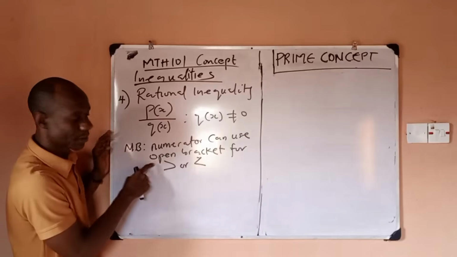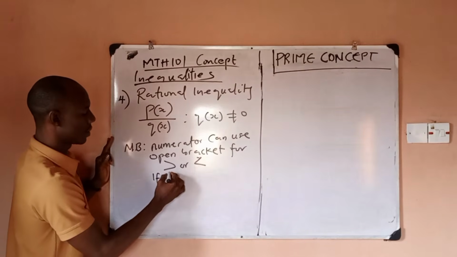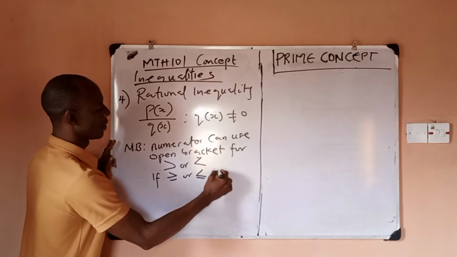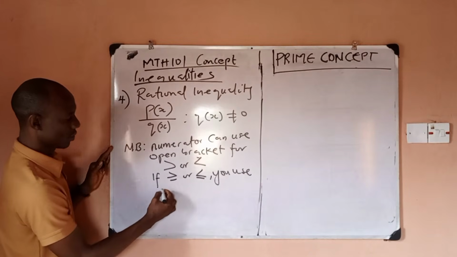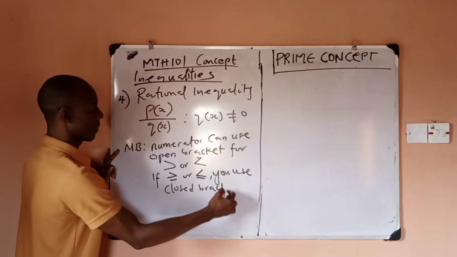Open bracket. If it is greater than or equal to, or less than or equal to, you use what now? Closed bracket.